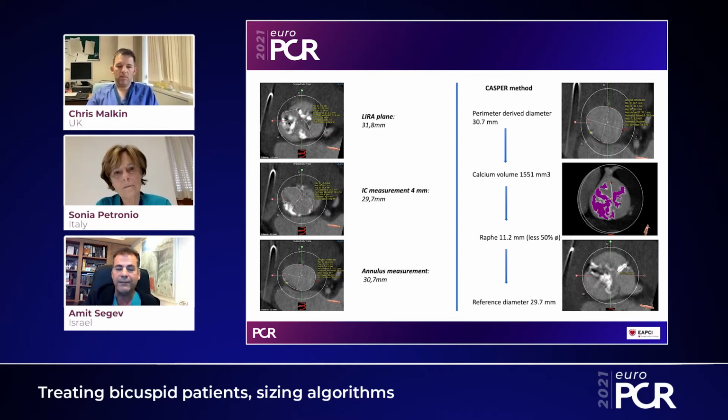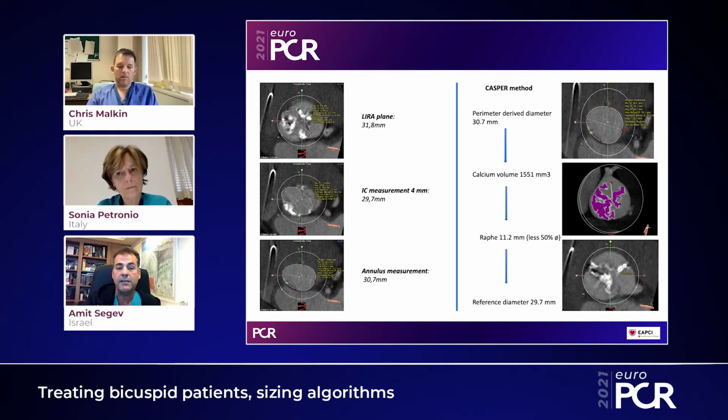what we call a tapered anatomy, meaning that you have, as you showed in this case, a large annulus, in this case 30.7, but the most important measurement here is the intercommissural measurement, measured between 4 millimeters and 8 millimeters. You have to assess the minimal measurement above the true annulus. We call it a virtual annulus.